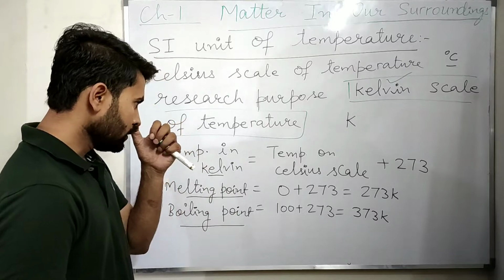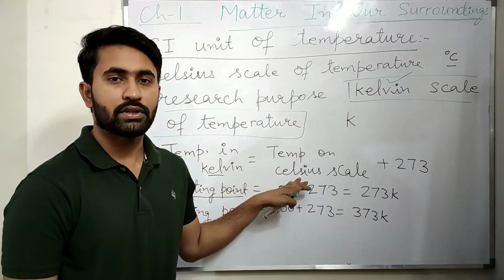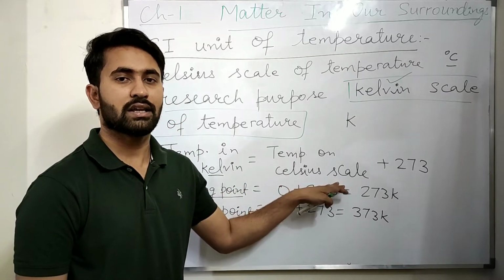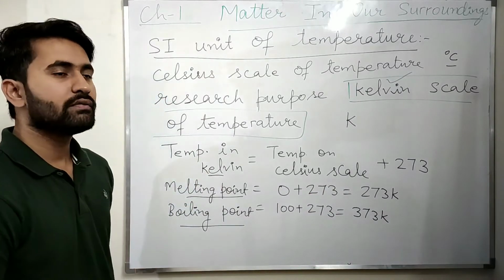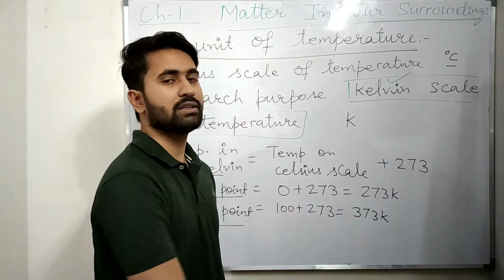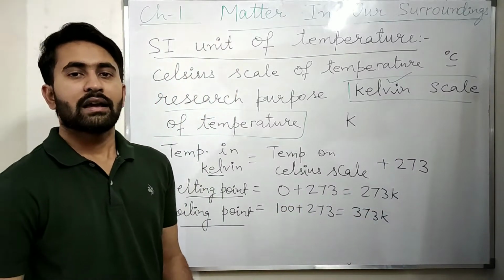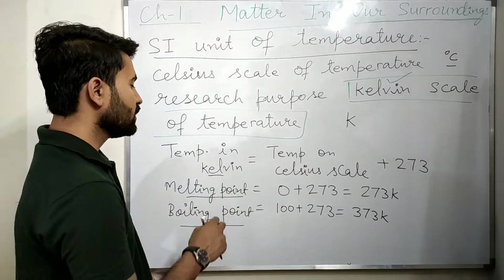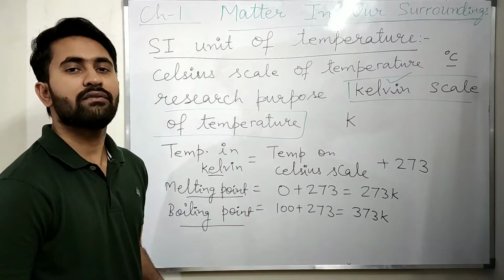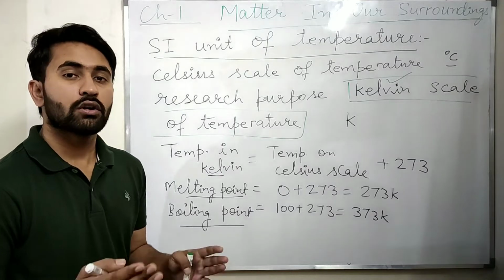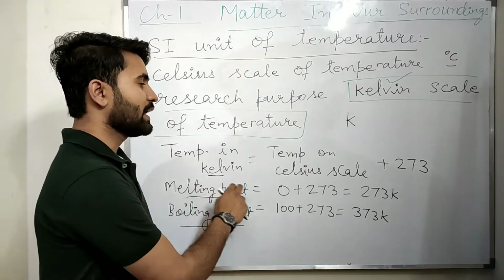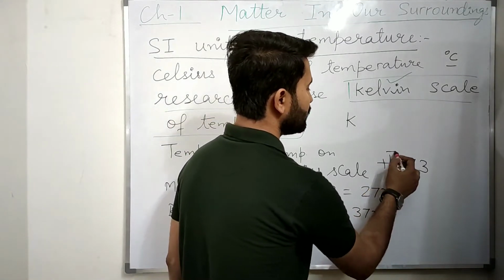Now, if we want to convert any temperature of Celsius scale into Kelvin, what we will do? We will add 273 to it. But if the temperature on Kelvin scale is given and we want to find the temperature on Celsius scale, then what will we do? We will subtract 273 from it.